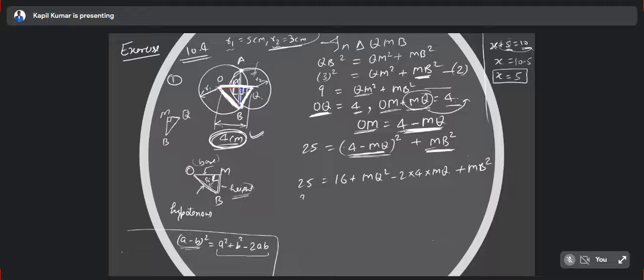So 25 is equal to 16 plus MQ square minus 8 MQ plus MB square.